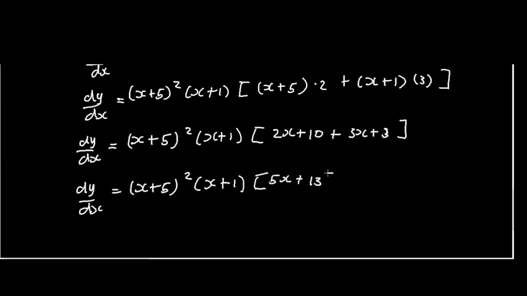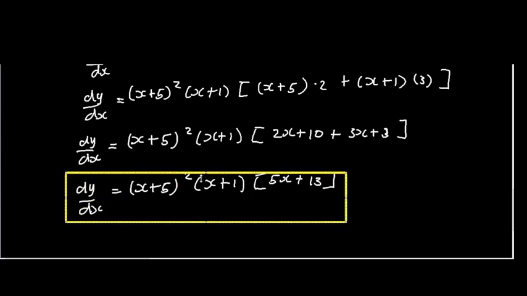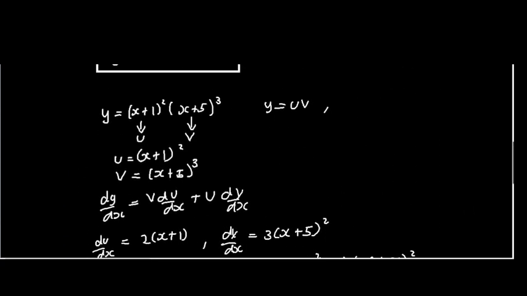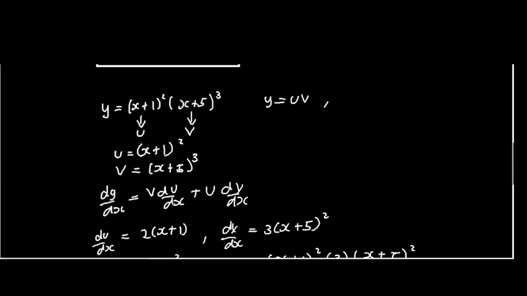Right, and then we've reached our final derivative. This is what we refer to as the derivative function of the given function. And the function was y equal to (x plus 1) squared into (x plus 5) cubed.